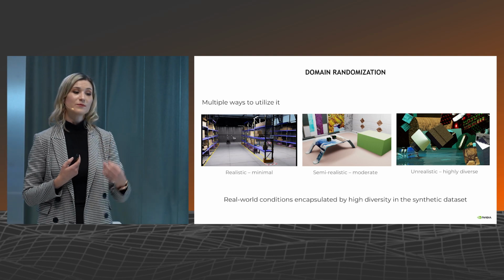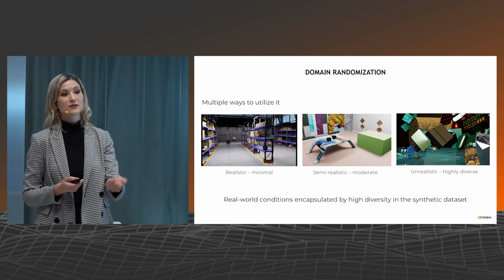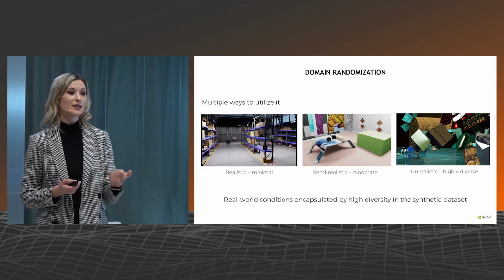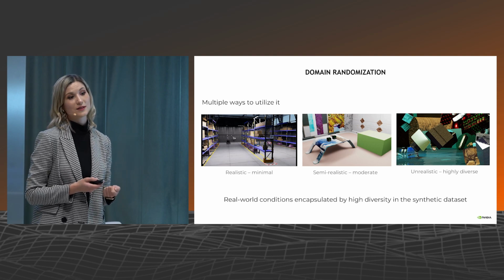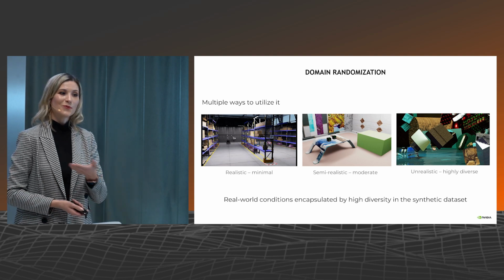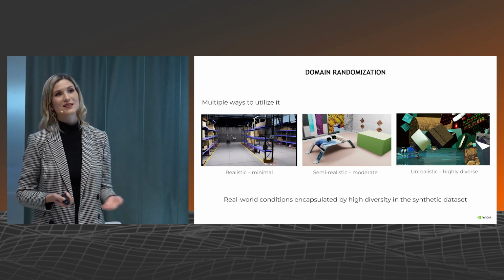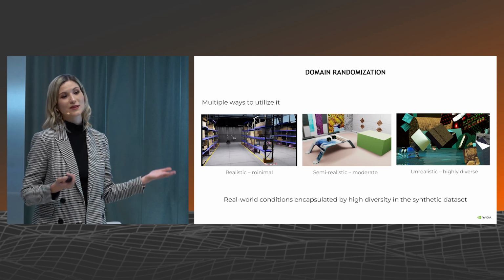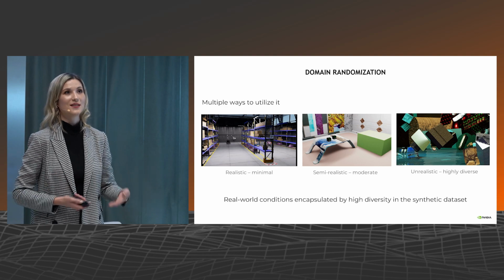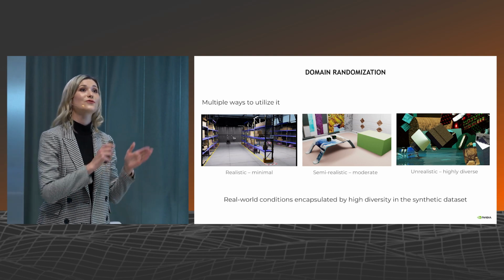And this might be helpful, for example, unrealistic scenes, to model shadows or lights or reflections. So this is helpful. You may ask me, which one shall I actually choose? And the thing is, it's all use case dependent, and you might just need to iterate and try different scenarios to see whatever works for your data and for your use case.